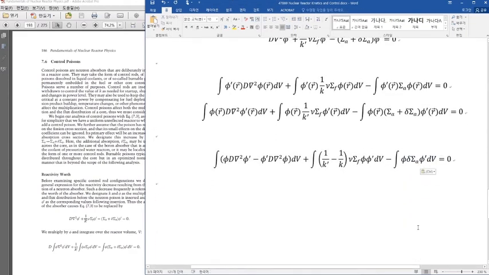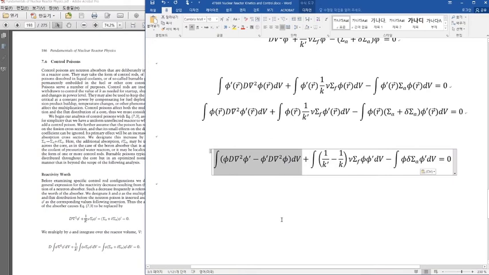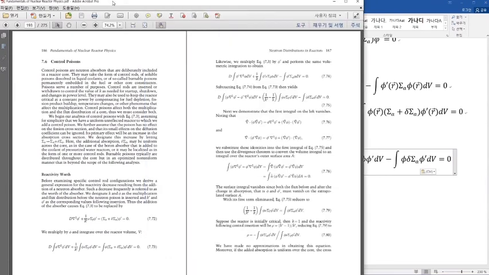So from now on, the interesting part is that the first term will become 0. So for that, maybe you are able to see these equations.